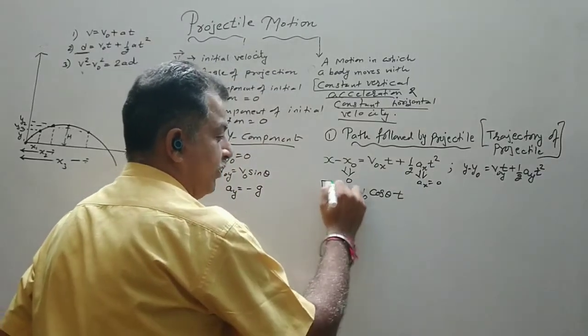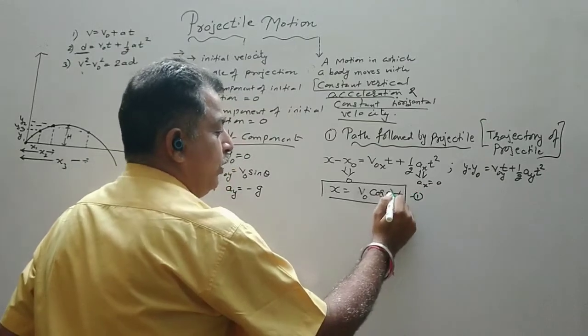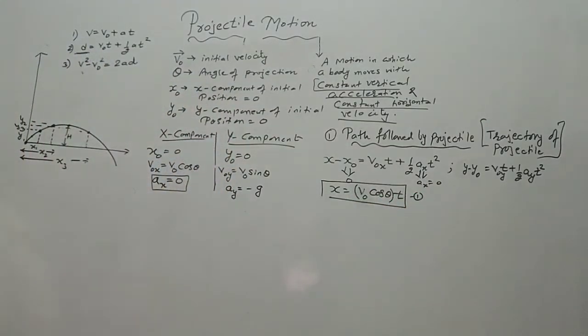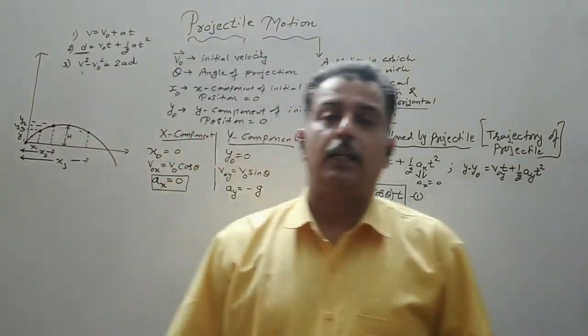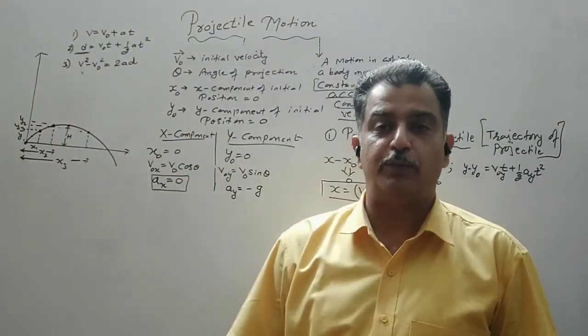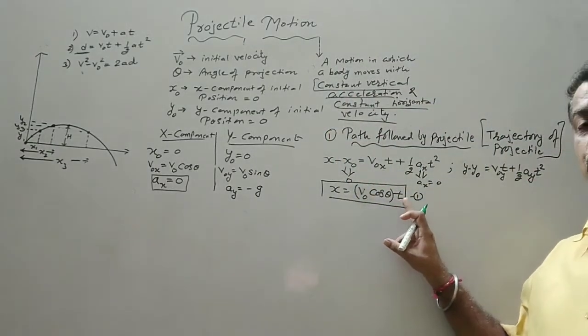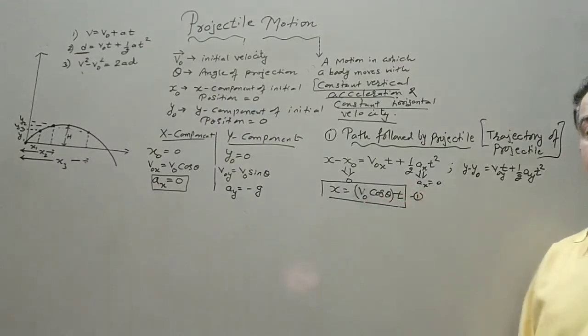So this is the first equation, which is useful to find out the x coordinate of a projectile at any instant. For example, in a numerical, if I say find out the x coordinate of a projectile after 3 seconds of its projection, you simply substitute t is equal to 3 seconds, where the initial velocity and the angle of projection will be given to you.